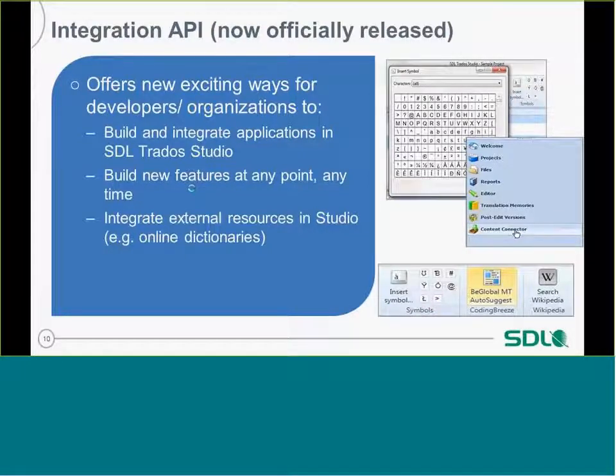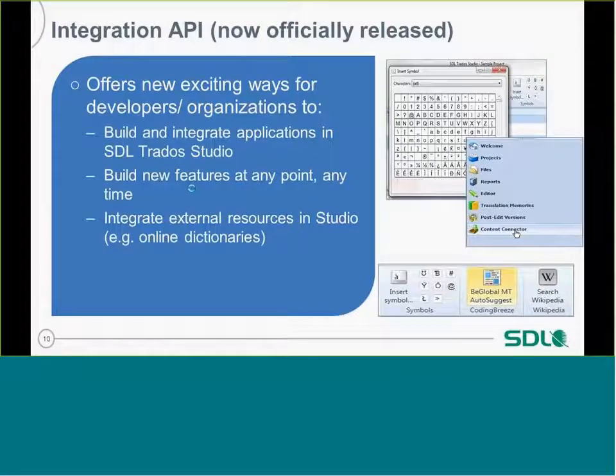Of course, we don't have 500,000 apps, but we do have 100 applications, a lot of them free, that extend the capabilities of Studio. Also, with the API, you can integrate Studio within other systems that your company might have.